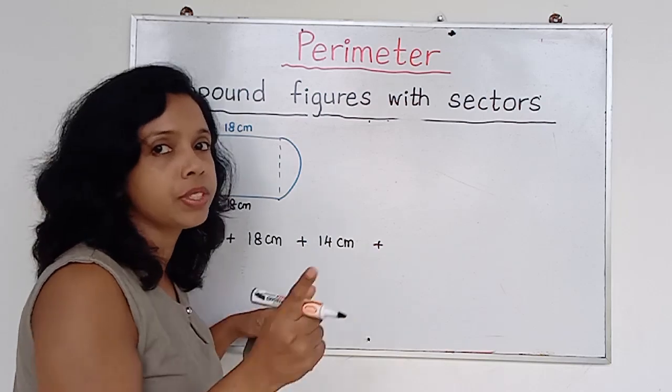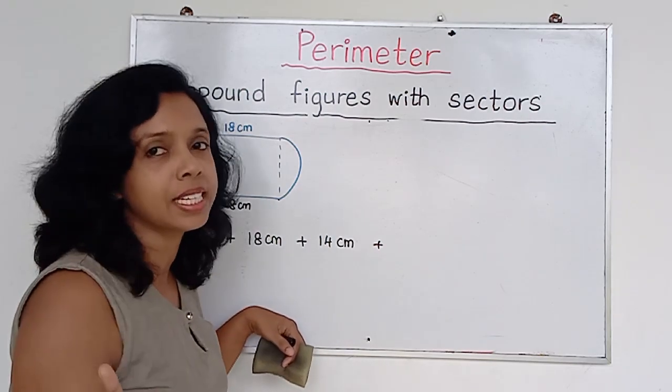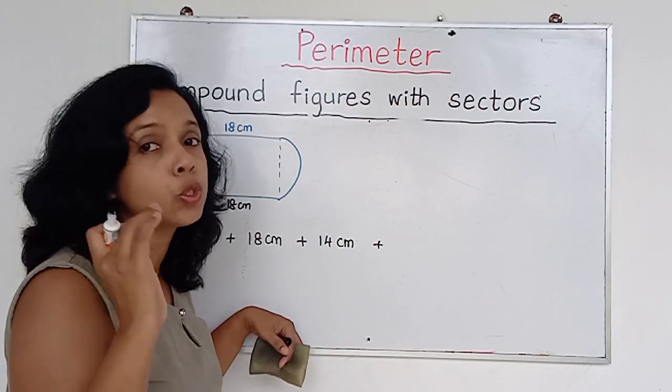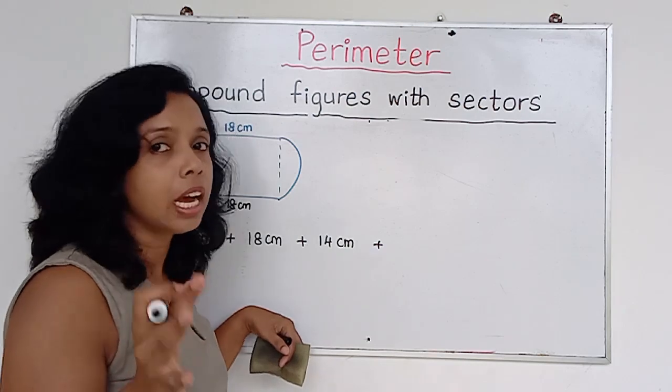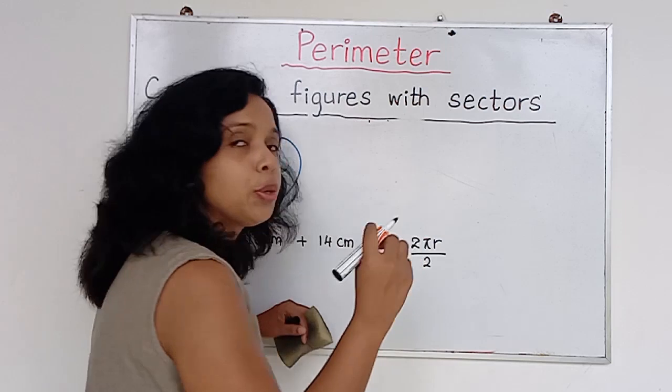So it's a half circle. Children, how do you find the perimeter of a half circle? I told you for a full circle, the circumference is 2πr. Half circle, 2πr divided by 2.